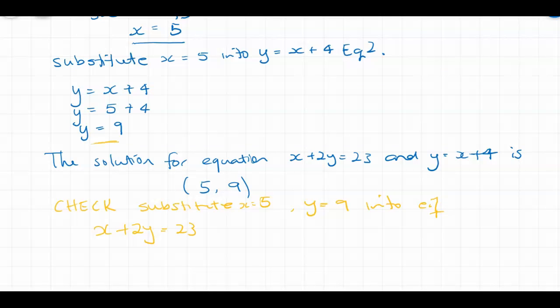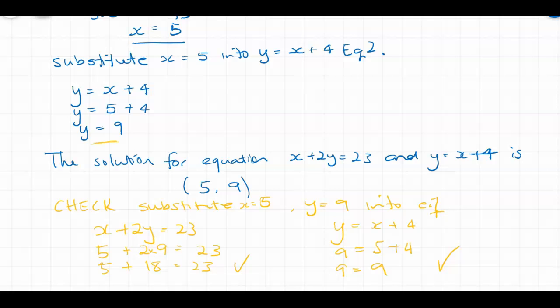But we know x is equal to 5 and y is equal to 9. So 2 lots of 9, is that going to be equal to 23? Let's see. 5 plus 2 nines, which are 18, is equal to 23. Yes. Does it work for the other one? We can already tell 9 is equal to 5 plus 4, so the left-hand side equals the right-hand side. Tick. So it is true for both.